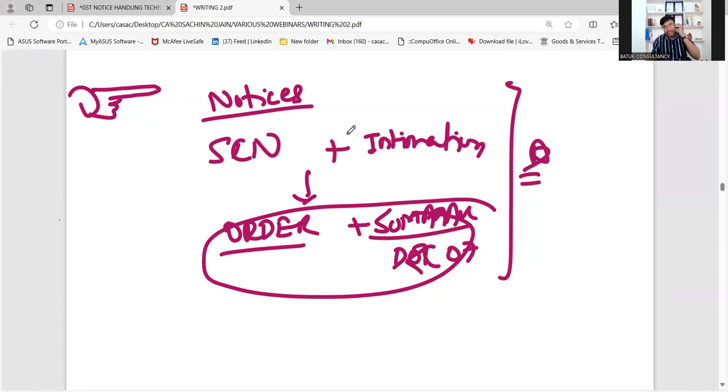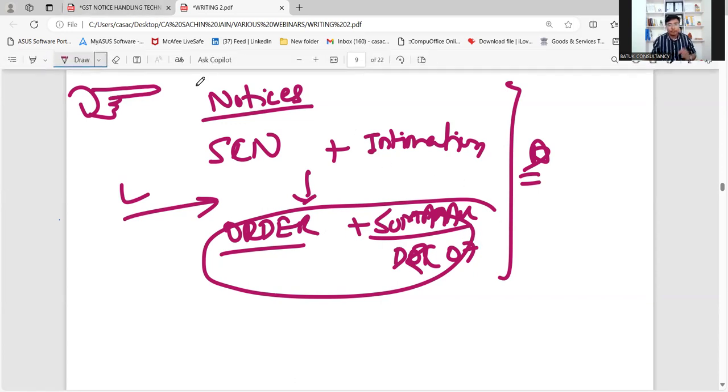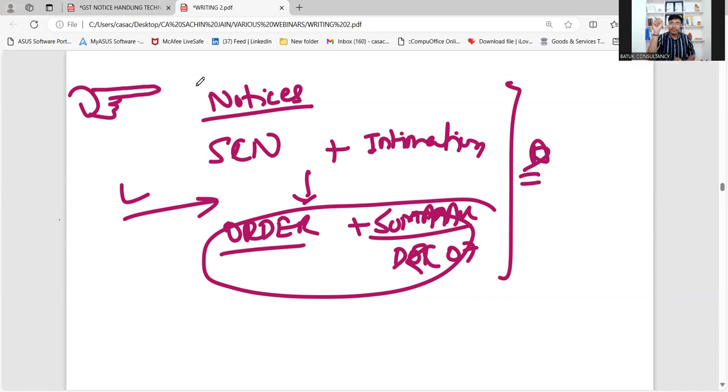This is the basic thing. In between, if they want, they may issue any other notice related to the para. So first they will issue the show cause notice with intimation in form DRC 01, and after the proceeding, at the time of conclusion, they will issue the order and the summary in form DRC 07.